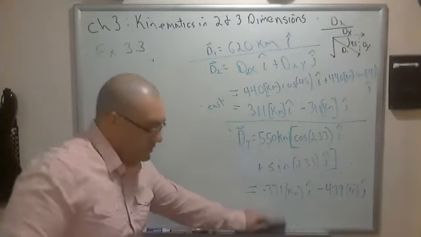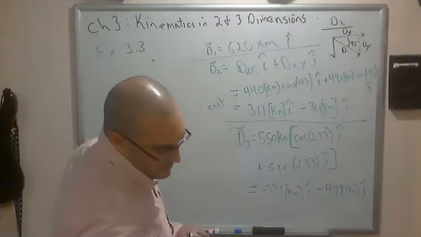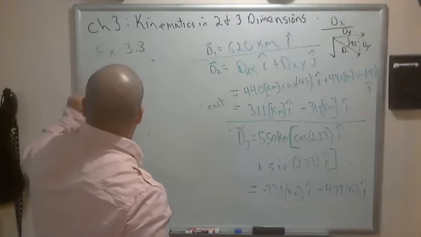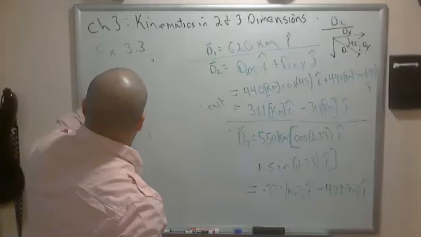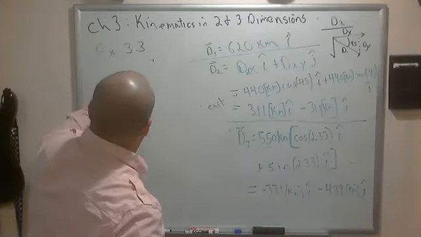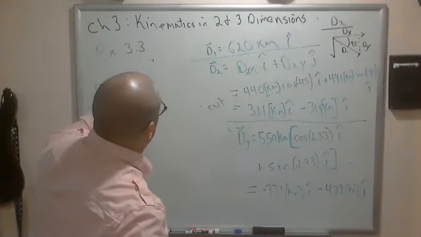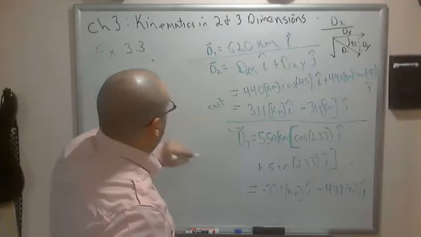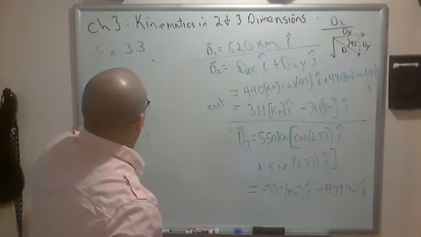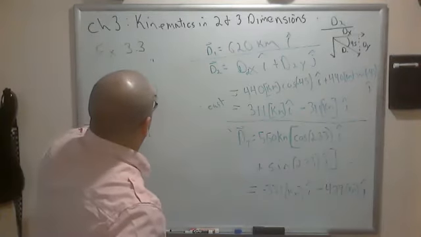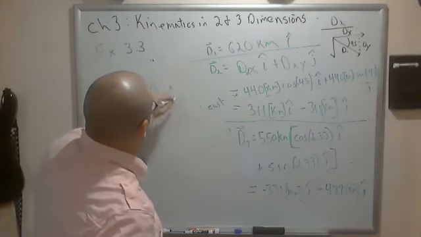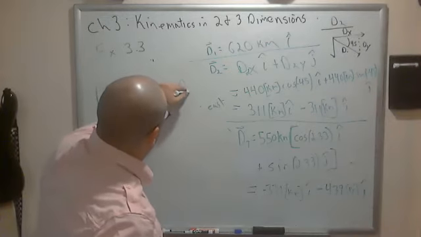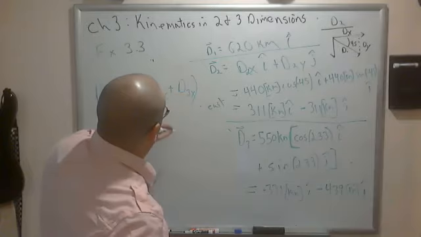So in the end, dr is equal to d1, and this is in the x direction, so I'll label it d1x plus d2x plus d3x, right?